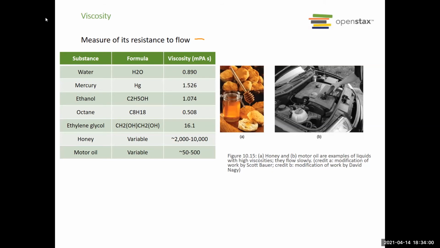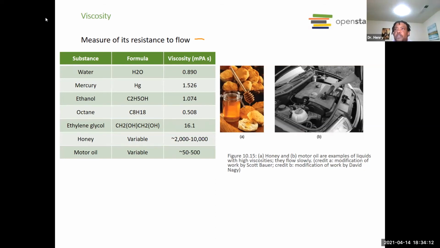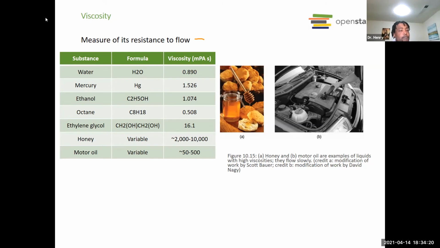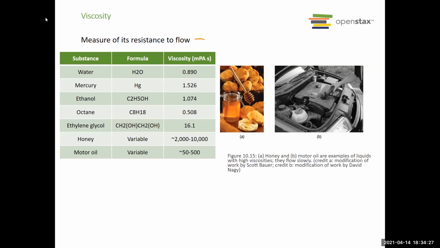We know that honey is very, very viscous. It's thick, it's sticky. So what can we assume about honey, since we know that it's very viscous? Are the molecules closer together? Is it a solid? No. The intermolecular bond interaction is stronger.